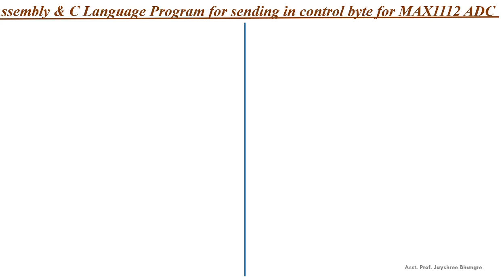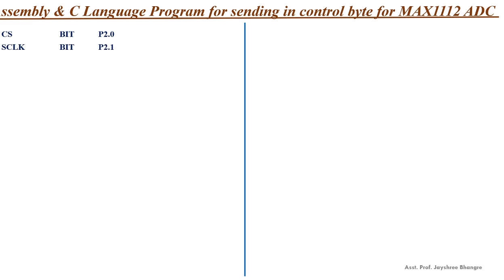So here is the assembly language and C language program for sending a control byte to the MAX 1112 ADC. First we have to send the control byte, and then we read out the converted data from the chip. So here we have defined the pin P2.0 as the chip select pin, CS, using the data type bit.